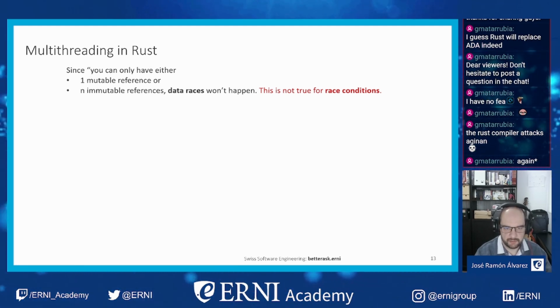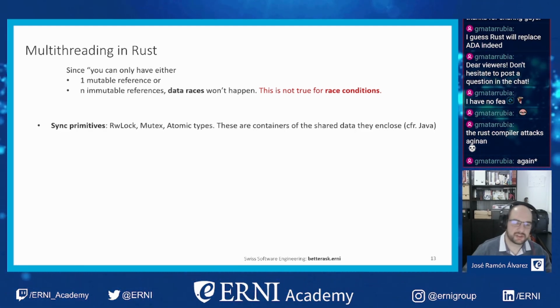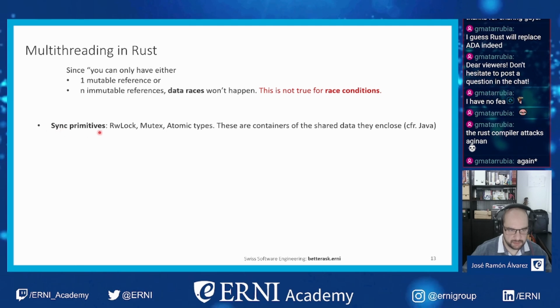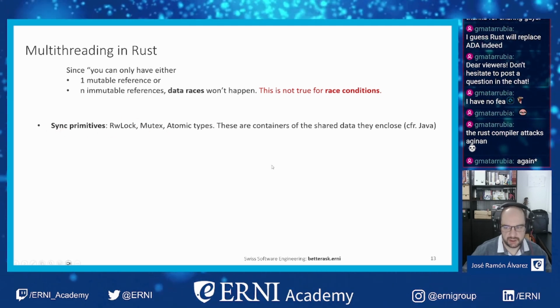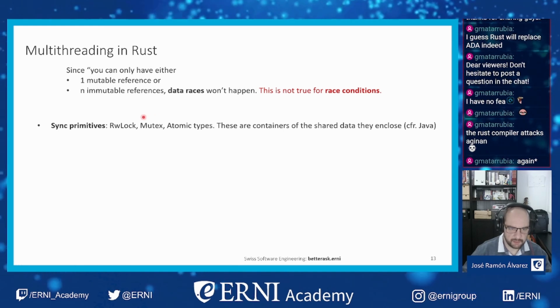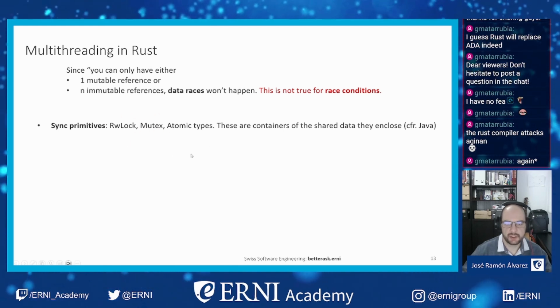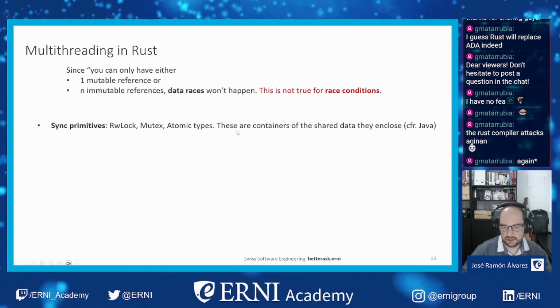compile such a program. And if you want to synchronize it, you can use synchronization primitives like read-write locks, mutexes, atomic types. One cool thing about mutexes and locks, atomic types, is that they are containers.